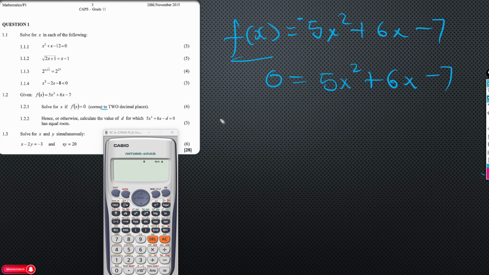And with that, we are going to write it down. x is equal to negative b plus or minus the square root of b squared minus 4ac, all over 2a.